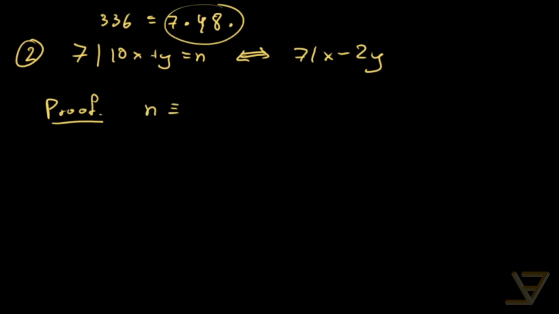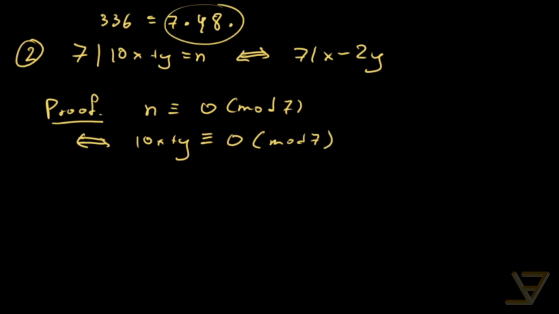N is congruent to 0 mod 7 if and only if 10x plus y, that's the way we're writing it, where y is the units digit and x is the rest of it, is congruent to 0 mod 7. And mod 7, this is 3x plus y, which is congruent to 0 mod 7.